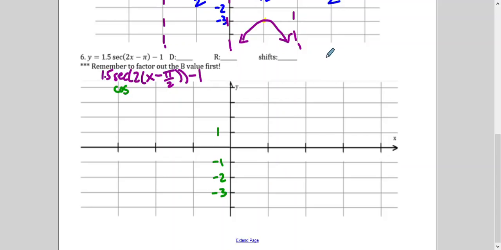Okay, so the period is 2 pi divided by 2, my b value, which is pi. So my fourth line is going to be pi, and then this is going to be pi over 2, pi over 4, and 3 pi over 4. My midline is down at -1.